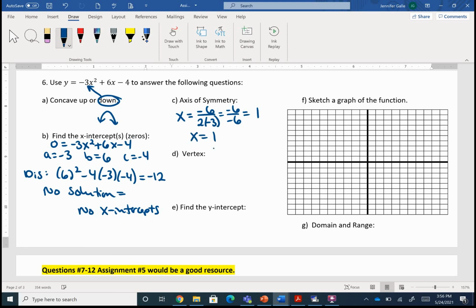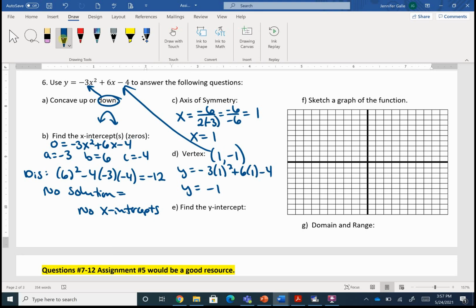So axis of symmetry we can get, and we can also get the vertex. Put the value for the axis of symmetry into the original equation. Again, pause if you need to. If I'm going faster than what you can process or keep up with, pause as you need.